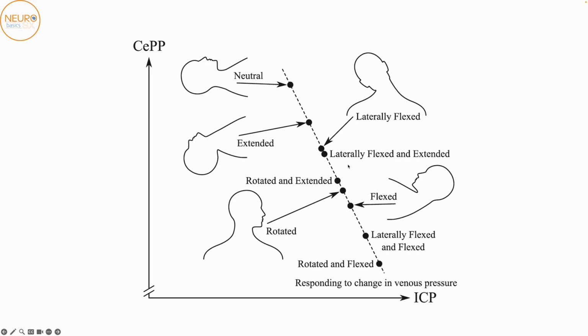So as we can see from a neutral position, if we extend the head, ICP will increase and cerebral perfusion pressure will fall. If we flex the head, ICP will further increase and cerebral perfusion pressure will fall further. The worst situation, where the ICP is the highest and the cerebral perfusion pressure is the lowest, is when the head is both flexed and rotated.